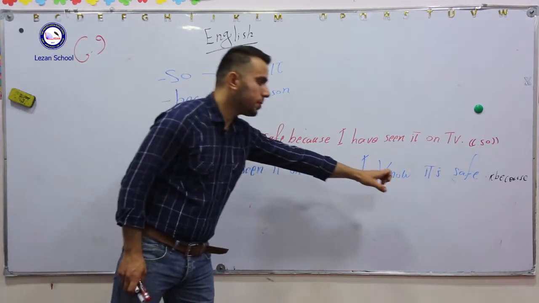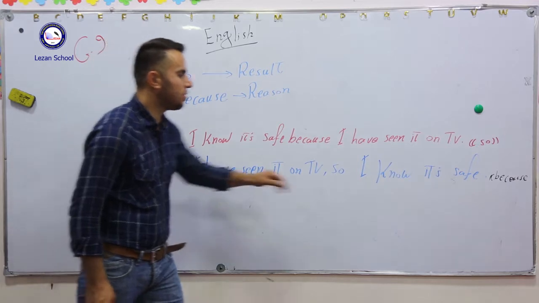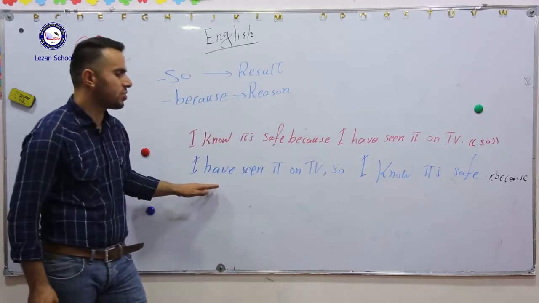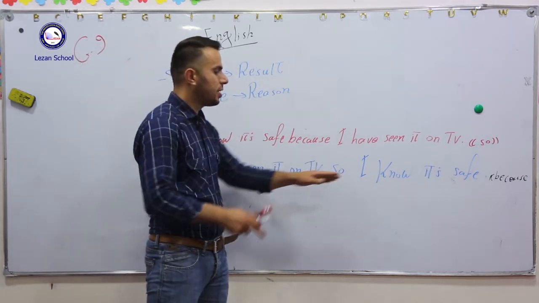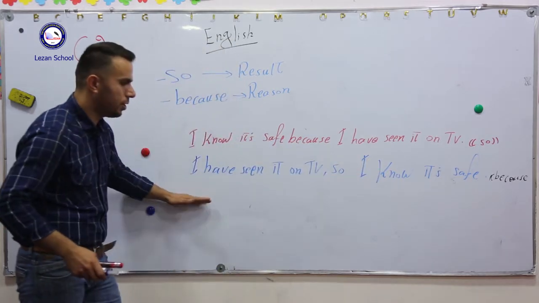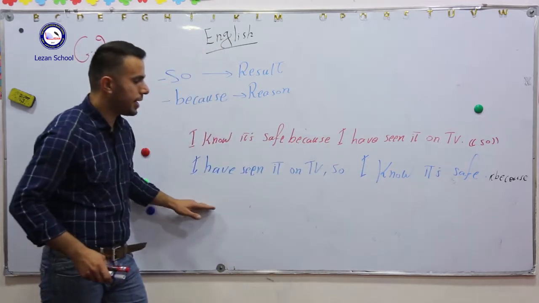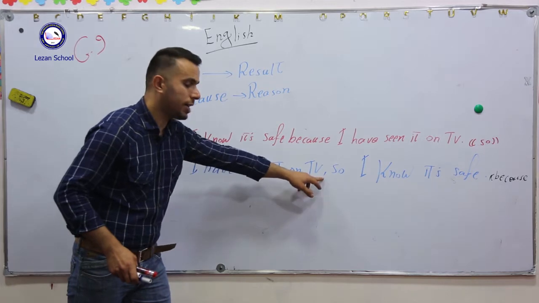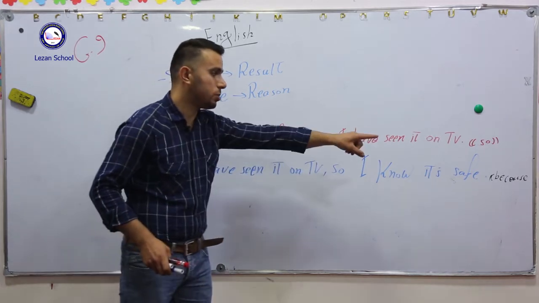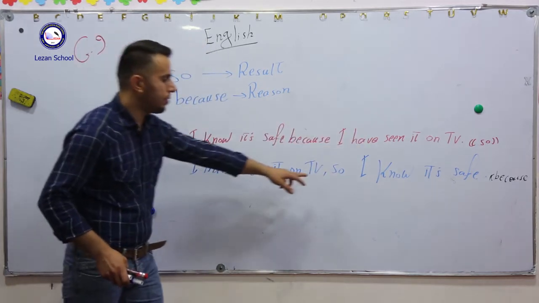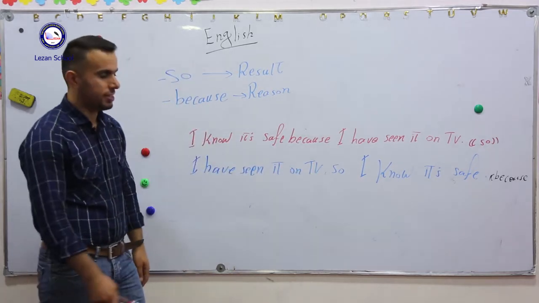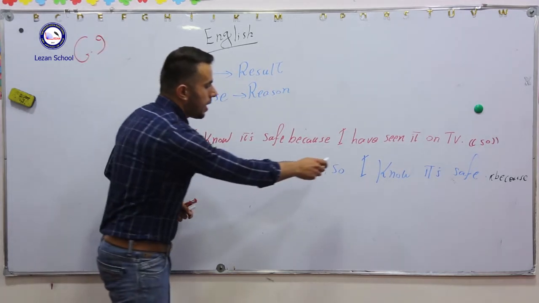So we have to change the place of these two sentences, or exchange their places. I know it's safe. Here, we take it here. Then write down because without a comma. If I ask you to use because, you have to remove the comma from the sentence. I know it is safe.